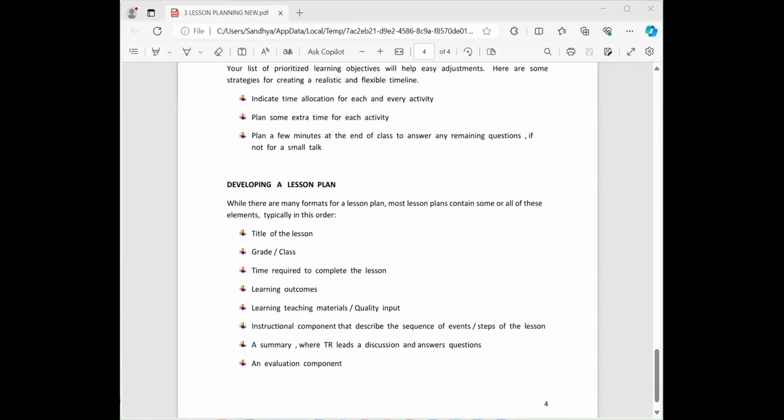First one, you can see what I'm sharing. I will show you samples of 5E model next day. So, developing a lesson plan is the topic now. If you take planning a lesson, the first step is to decide the lesson objectives.